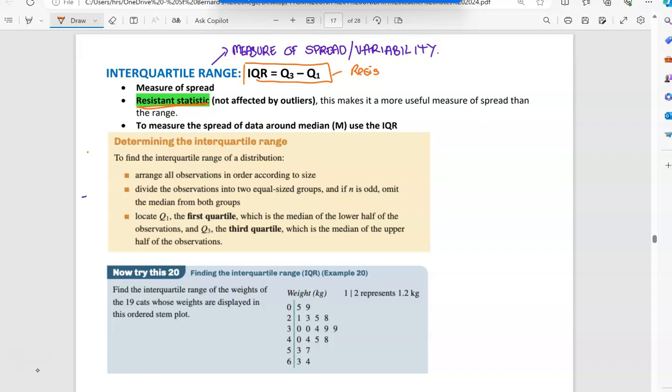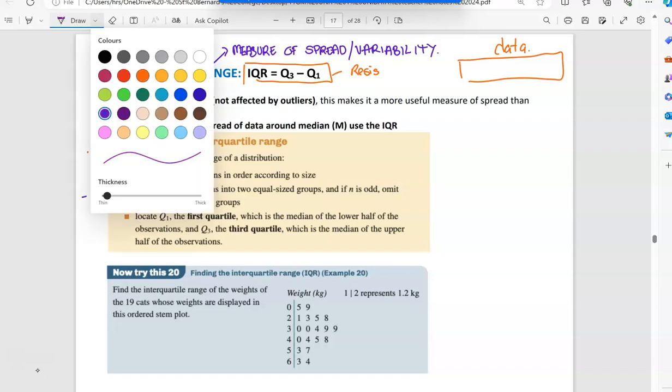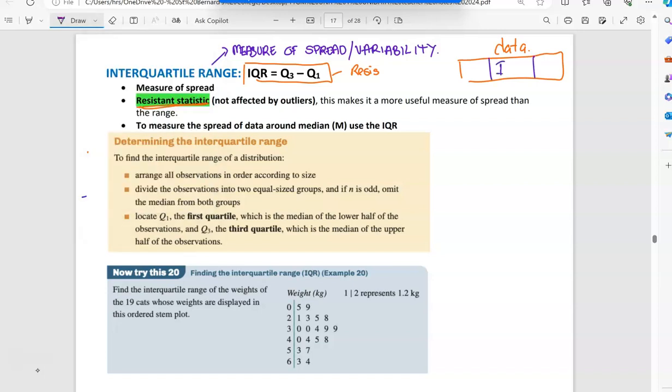It's not affected by those outliers, because say this is your whole set of data. When you find the interquartile range, it's like Q3 minus Q1.